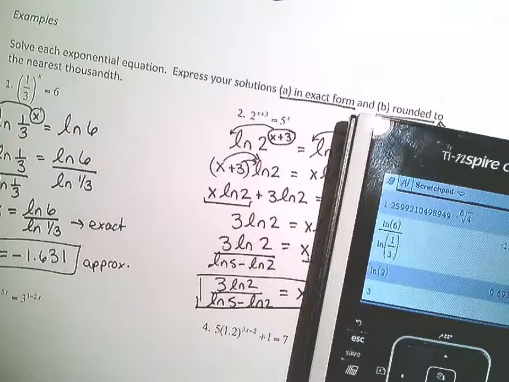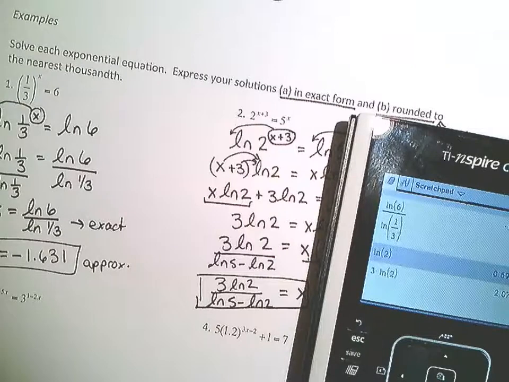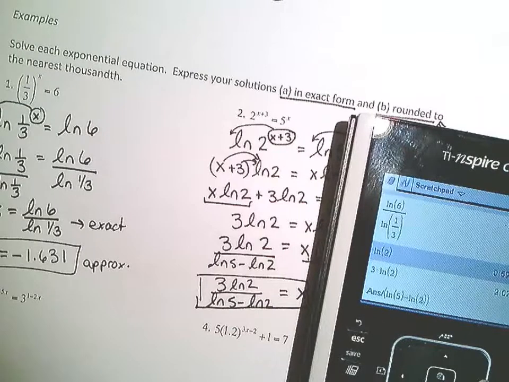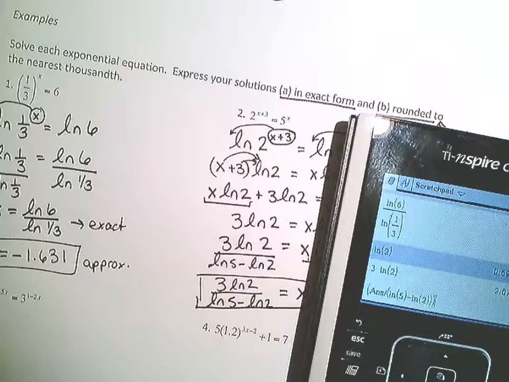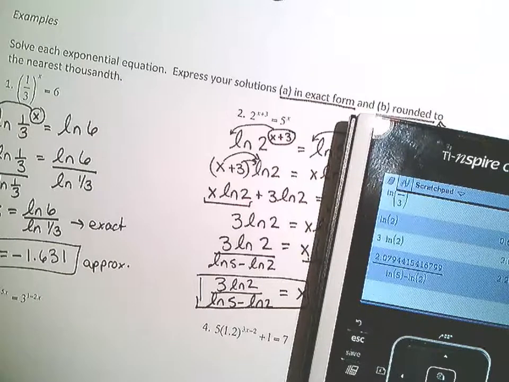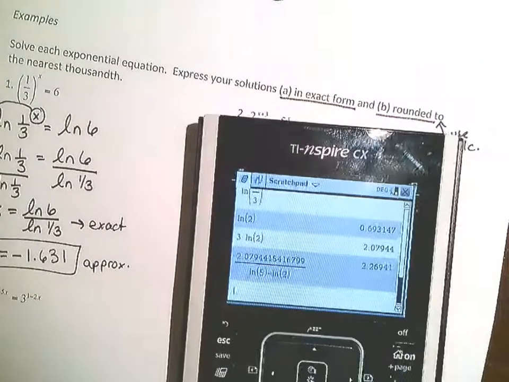So 3 ln of 2, okay, and I'm going to divide that by, put parenthesis, ln of 5 minus ln of 2. Oops. All right.